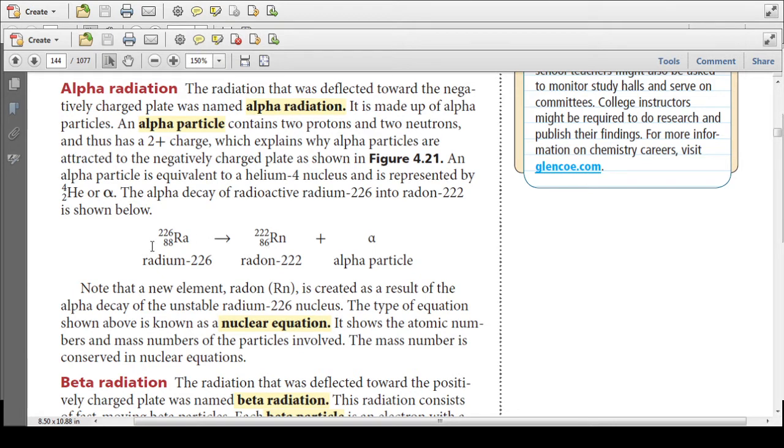If radium-226 were to lose 2 protons and 2 neutrons, losing a mass number of 4, 226 minus 4 equals 222. And if you substitute in this alpha particle for the isotopic notation of the helium nucleus, everything adds up: 222 plus 4 equals 226, and 86 plus 2 equals 88.